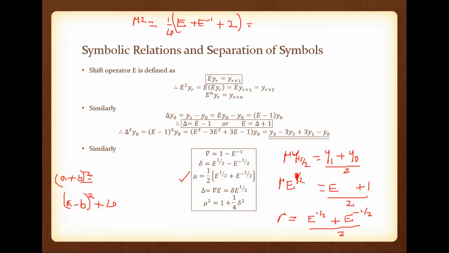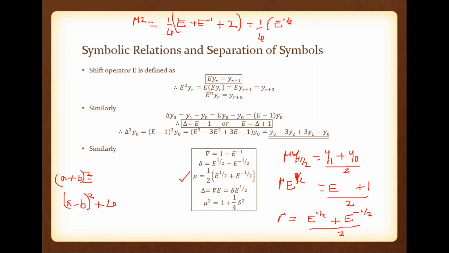So please note this 1 by 4 into e plus e^(-1) plus 2 is nothing but, from this one, actually we took the square of this one. So we can write it as e^(1/2) plus e^(-1/2) whole square, right?